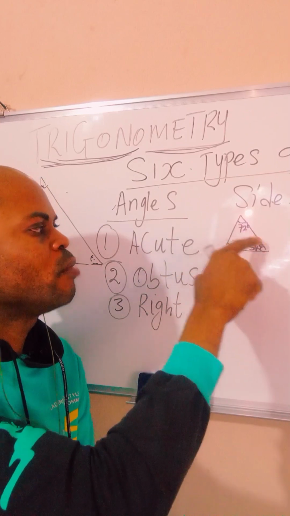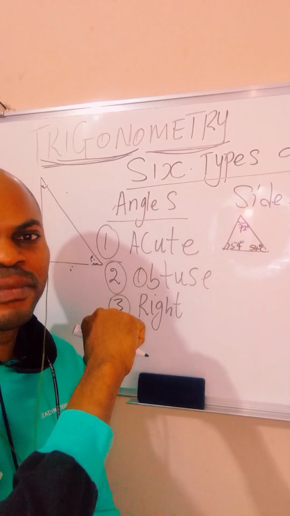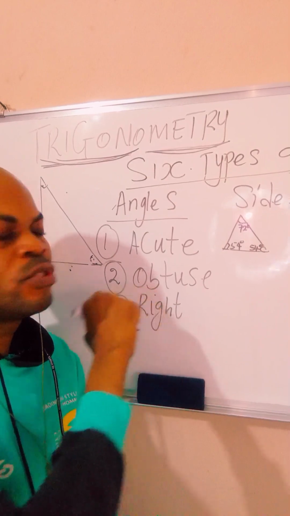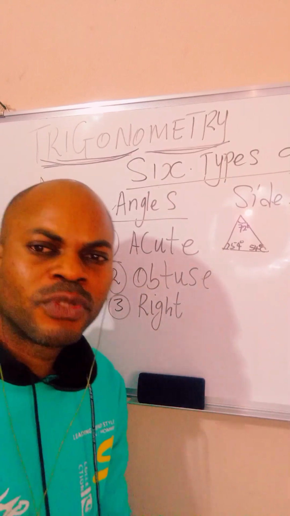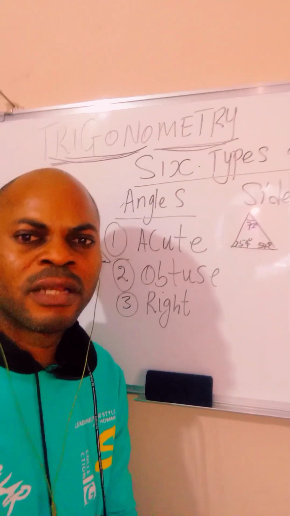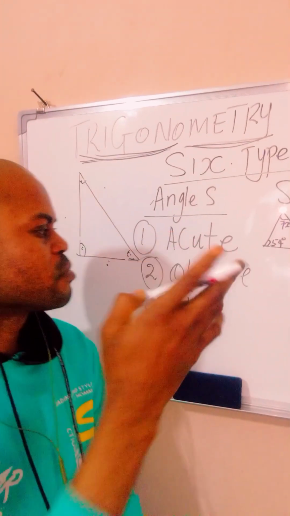Then, what is an obtuse triangle? An obtuse triangle is simply a triangle that has one of its angles above 90.